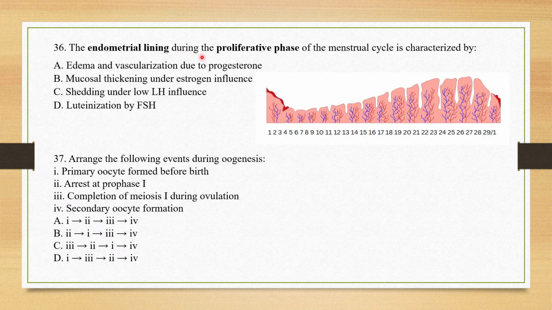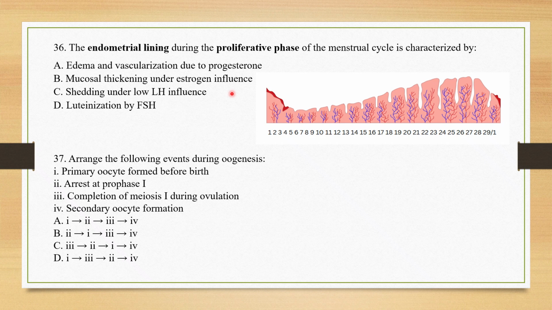The endometrial lining during the proliferative phase of menstrual cycle is characterized by mucosal thickening under estrogen influence. So the proliferative phase of menstrual cycle occurs after menstruation and before ovulation, typically from day 6 to 14 of a 28-day cycle.